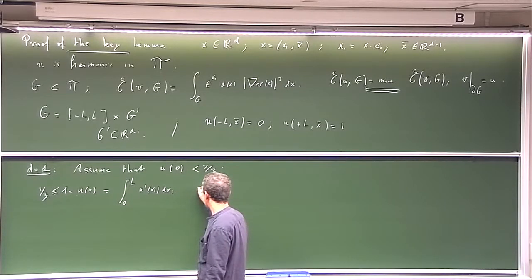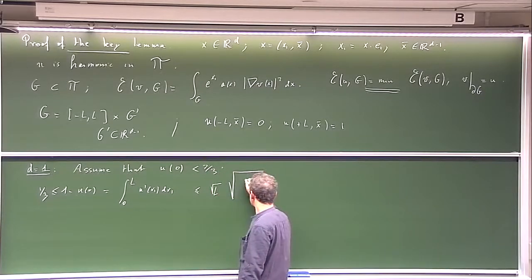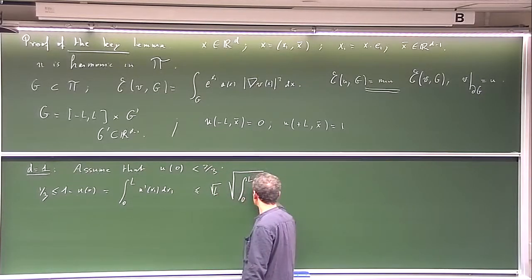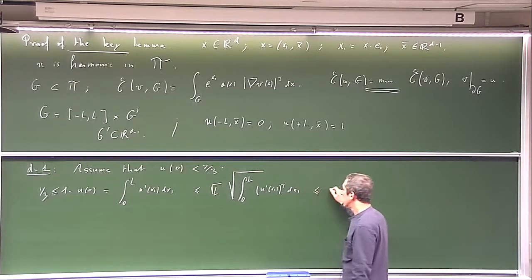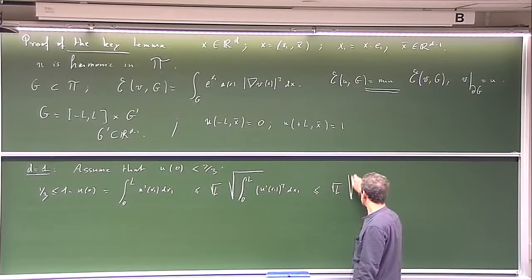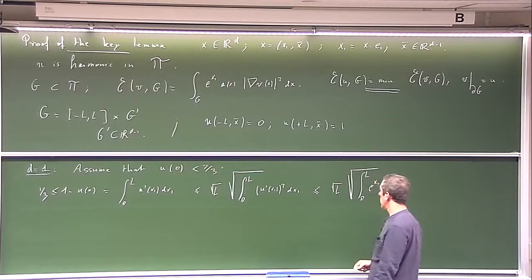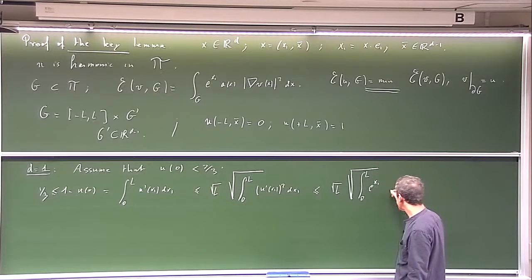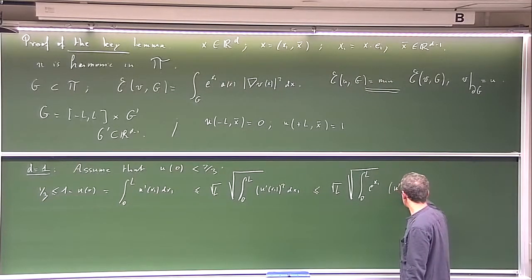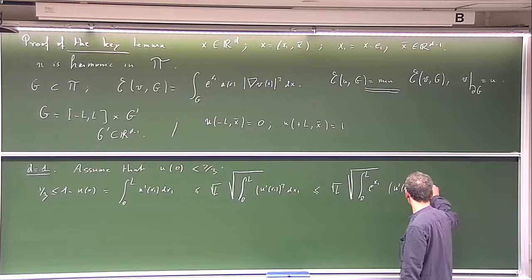So this is the integral from 0 to L of U prime of x1 dx1. Now by Cauchy-Schwarz, this is less than the square root of L times the square root of the integral from 0 to L of U prime of x1 squared dx1. And this is less than square root of L times the square root of the integral from 0 to L of exponential x1, because exponential x1 is larger than 1, times U prime of x1 squared dx1.